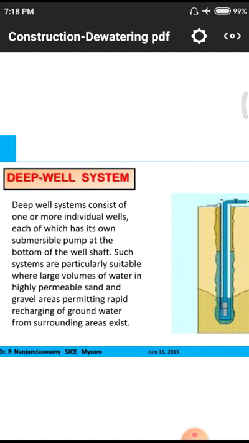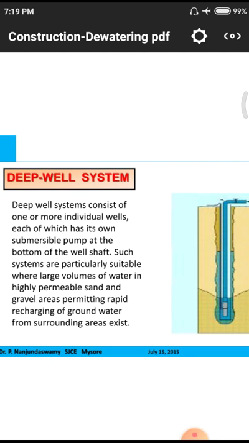Likewise, this white color pipe is the casing system. After that we have a blue color system with a proper cap below the pipe. Those will give the total water present in the soil itself to the upper layers.